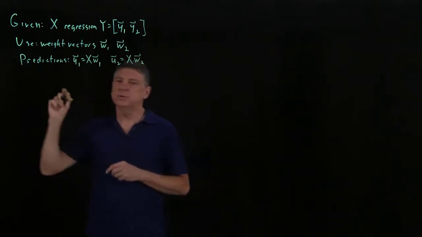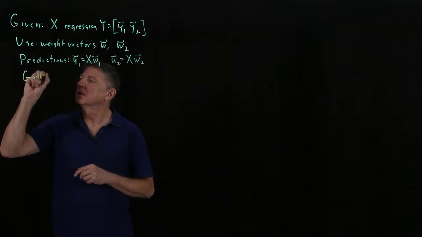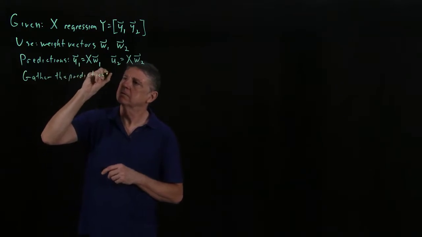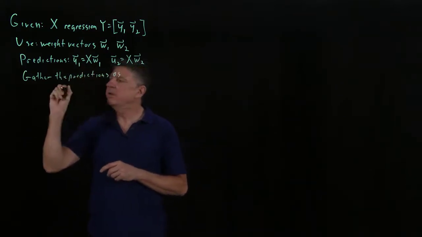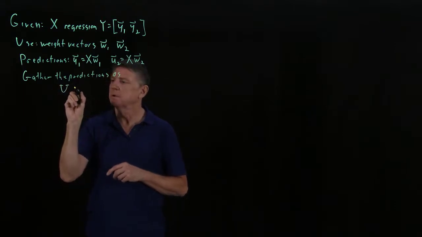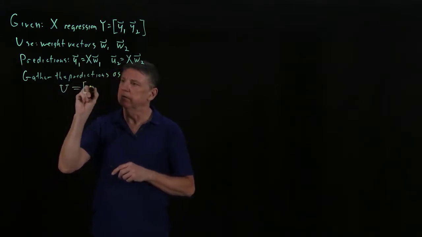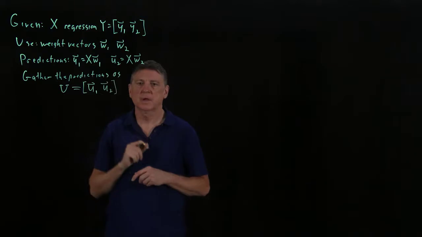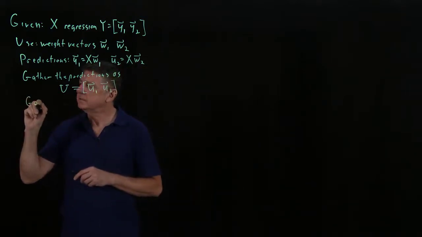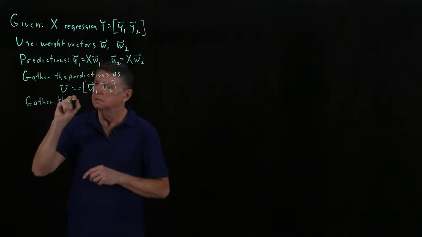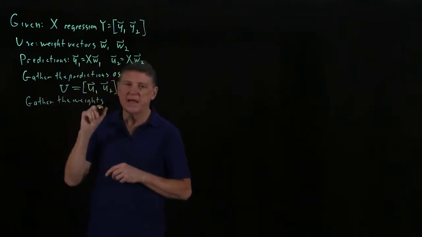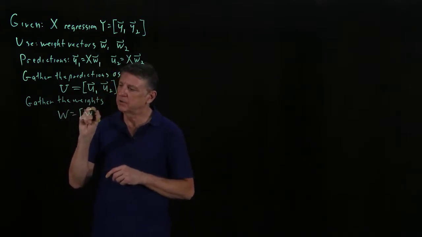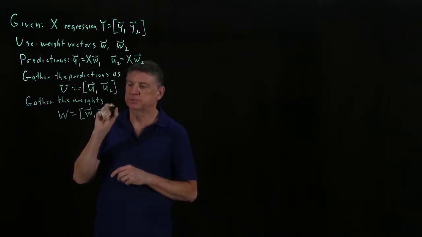And what we could do is gather the predictions as a matrix U, which will be here the U vector 1 and the U vector 2. And then we'll gather the weights also as a matrix W that we will define here as weight vector 1 and weight vector 2.